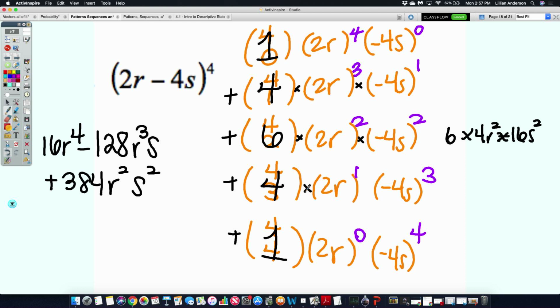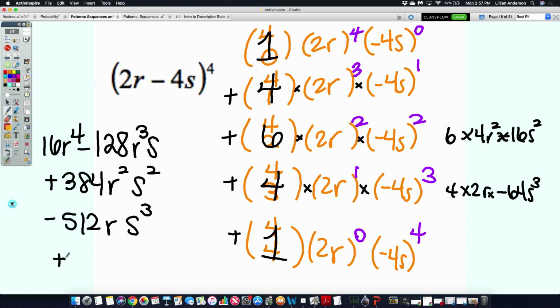We have 4 times 2r times negative 64s to the third. What is 8 times negative 64? That's a good question. I really should calculate. So that'd be negative 512 r s to the third, and of course the last one was negative 4s to the fourth power.